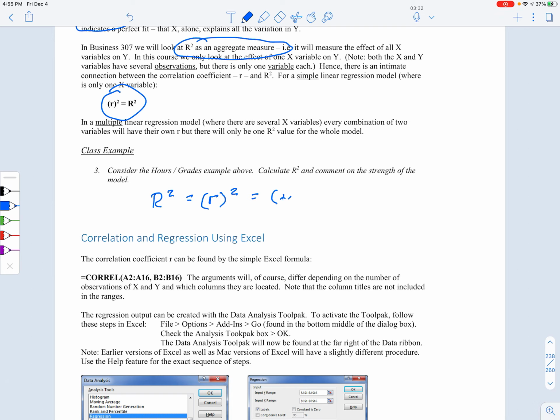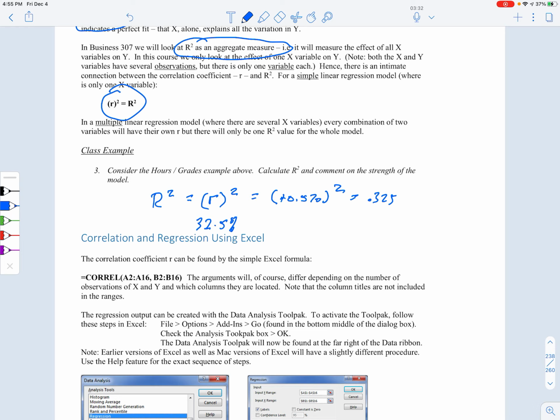So that will be equal to positive 0.570 squared, and that turns out to be 0.325. Now the R squared value is usually expressed as a percentage, so it would be 32.5%.